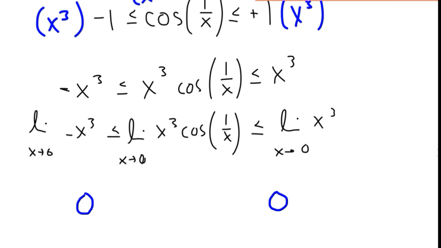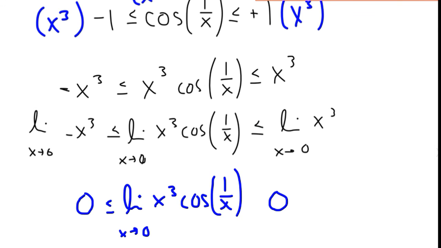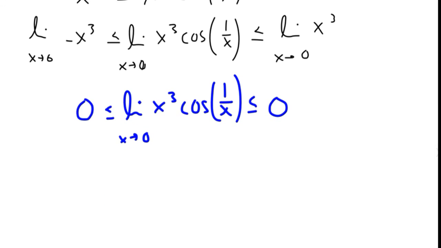So I have no idea what the limit as x approaches 0 of x cubed times the cosine of 1 over x is, but it sure is somewhere between 0 and 0. Oh, it's 0. Does that make sense? That's the way squeeze theorem works. The sides will always converge upon some number, and therefore you still don't know what the middle is, but it's got to equal that number. Therefore, this has got to equal 0, and now we are done. There you go.